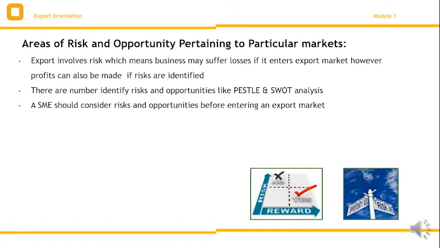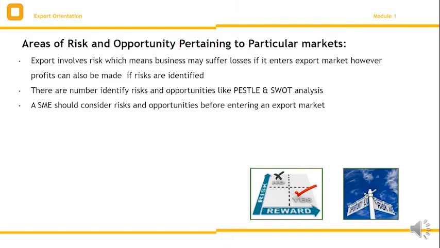PESTEL analysis is where you look at your external environment, which we call your macro environment. So you look at the political, the economic, the social, the technological, the legal, and the ecological environment. And you analyze it in terms of the country that you are wanting to export to and understand that PESTEL environment and do an analysis.